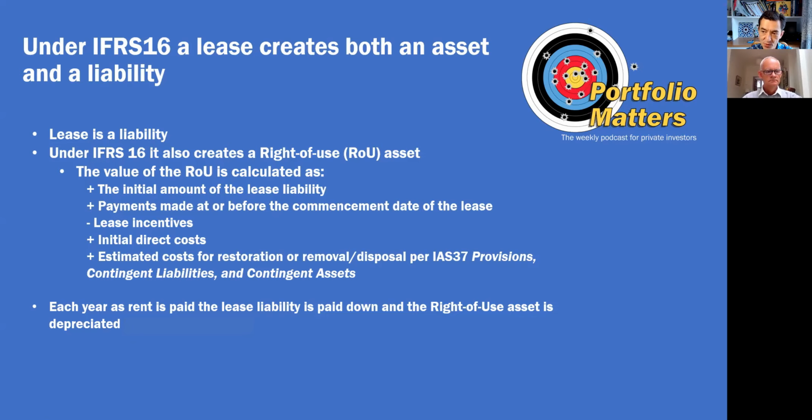And that's important in the last year when there have been lots of discounts to leases and for companies such as restaurants, and they've negotiated their lease commitments down, plus any other costs. Now, each year, as rent is paid, the lease liability is paid down and the right of use asset is depreciated.